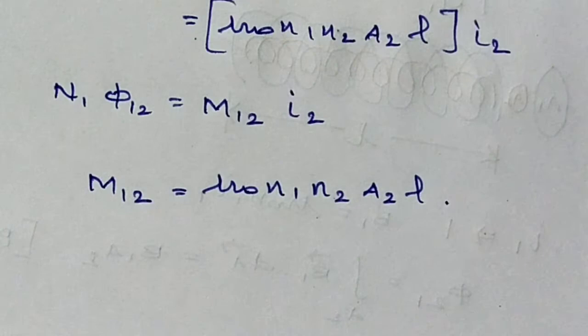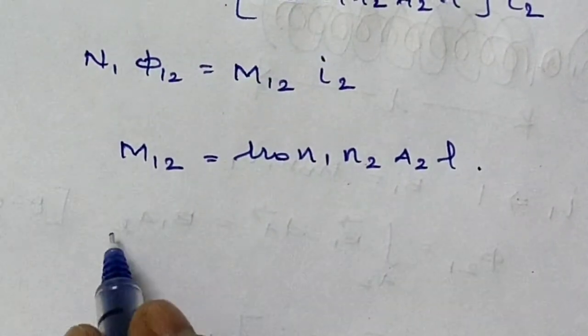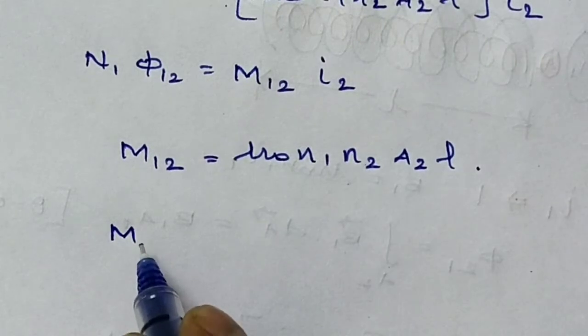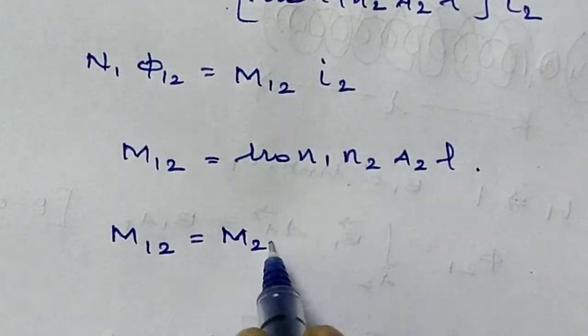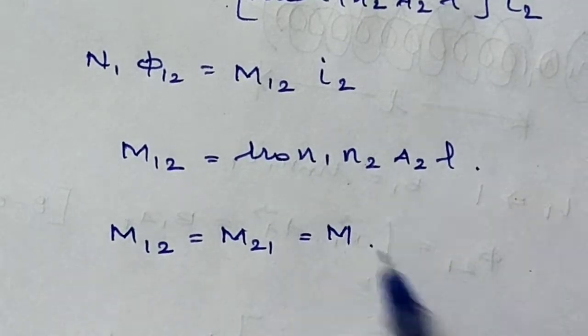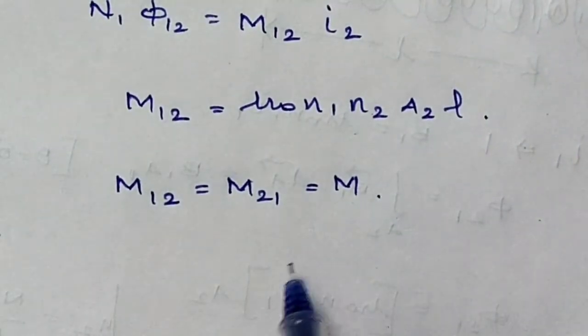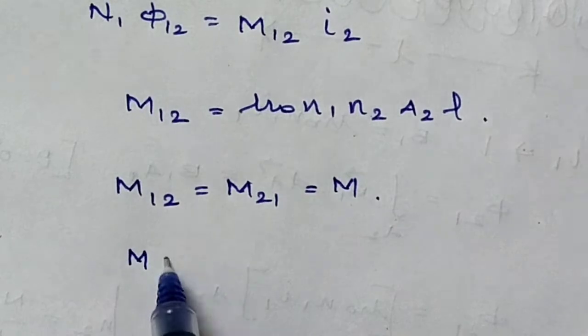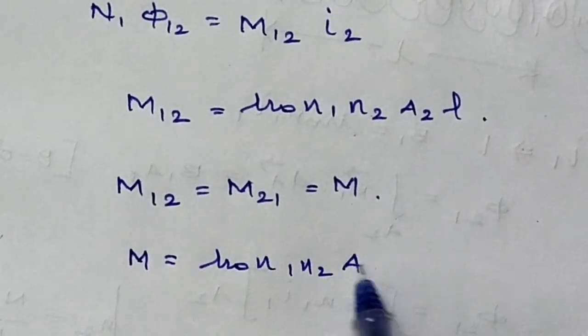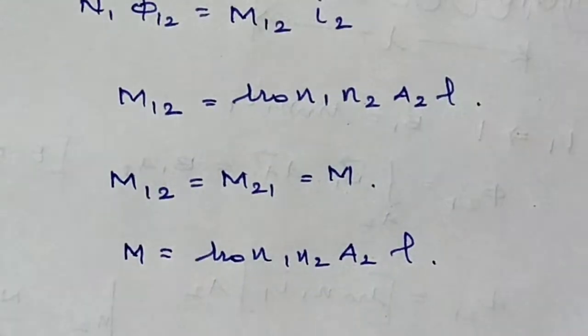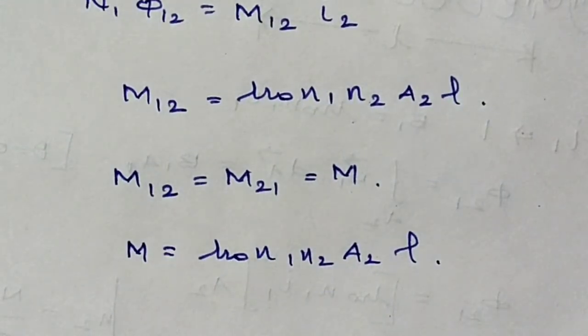From this we can conclude that whether it is M12 or M21, it is the mutual inductance between the two long coaxial solenoids. So the mutual inductance M equals mu naught n1 n2 A2 L. Suppose we fill the space with a dielectric medium.